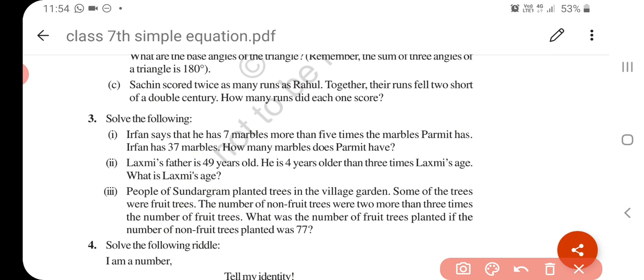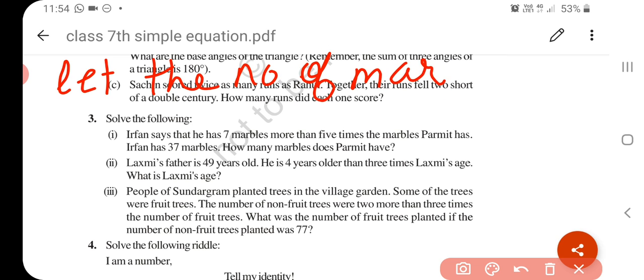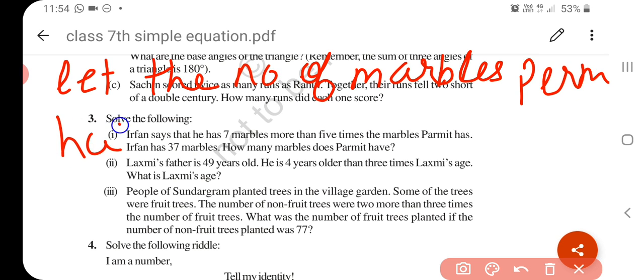If you solve this type of question, first of all मैं आपको एक एग्जांपल देती हूँ. फर्स्ट ऑफ ऑल यू हैव टू राइट लेट द नंबर ऑफ marbles Parmeet has is x.